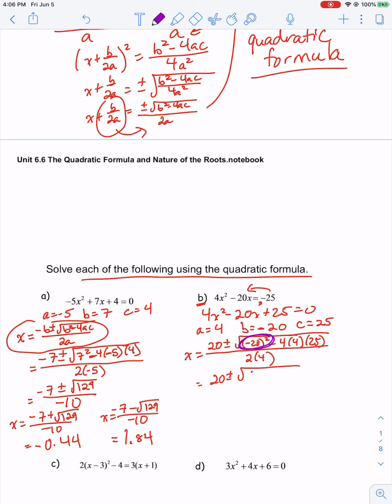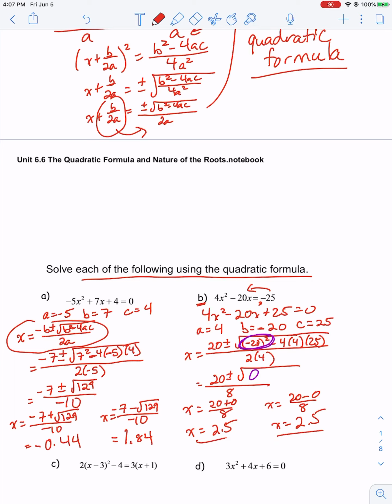That equals the square root of 0 over 8. So x equals 20 plus 0 over 8, and x equals 20 minus 0 over 8. So basically, x just equals 20 over 8. So 20 divided by 8 is 2.5.